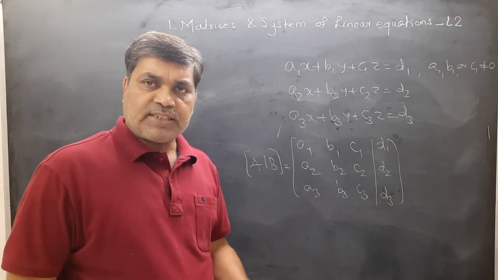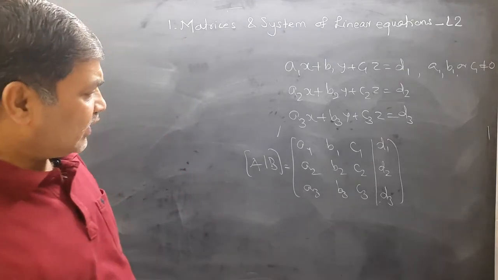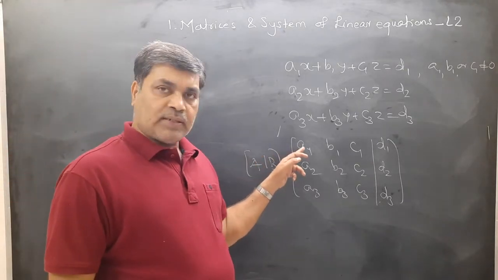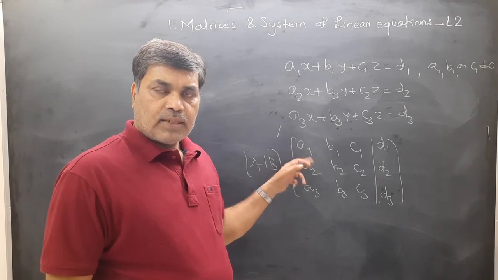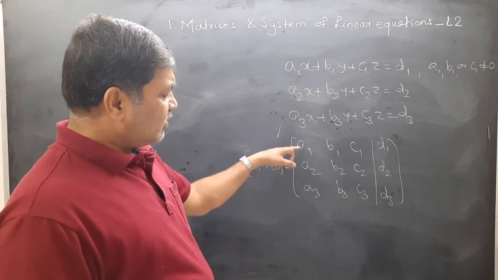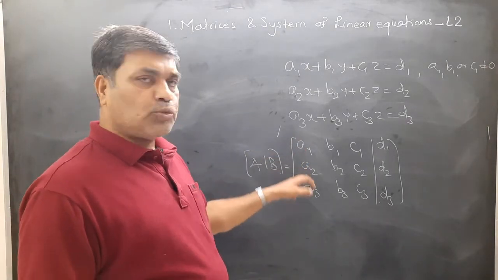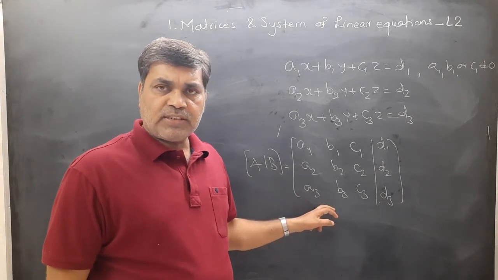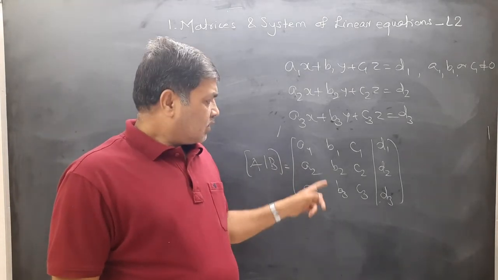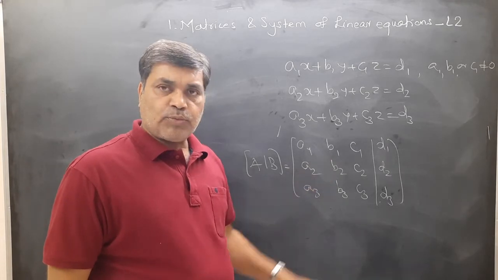Then to solve the system simultaneously, what we are doing is trying to obtain 1 here. By using that non-zero entry here, you can make the entries below it 0. Then we'll try to obtain the second entry to be 1 here.